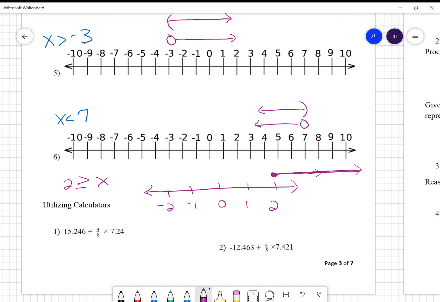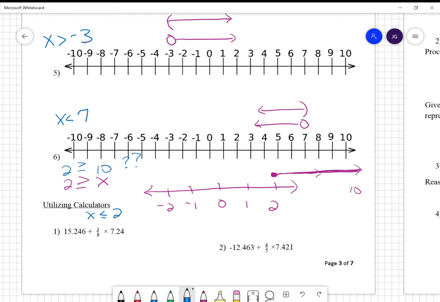Well, let me pick a number. Let's say 10. 10 is on this line. If I put 10 here, is 2 greater than or equal to 10? No, it's not. So 2 is bigger than or equal to x is the same thing as x is less than or equal to 2.